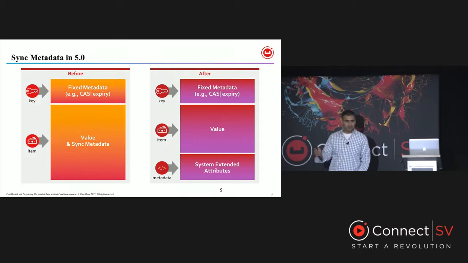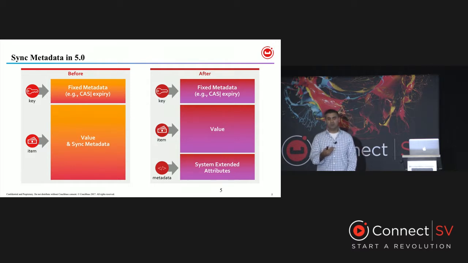But with Couchbase Server 5.0, we've gotten the concept of system extended attributes. What that means is that all of the Sync Gateway metadata, which was originally a part of the document itself, is now completely abstracted from any application using that document.